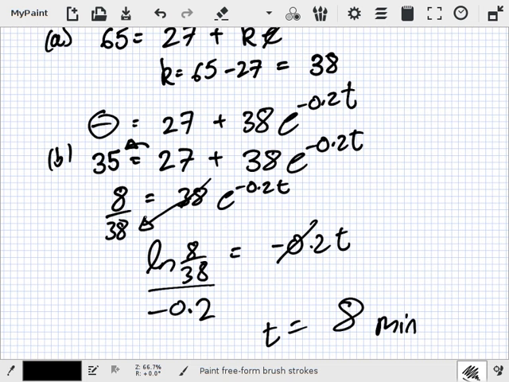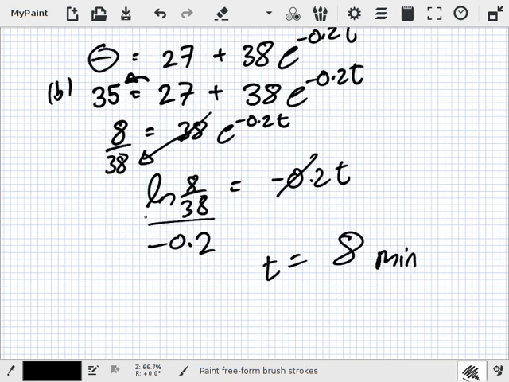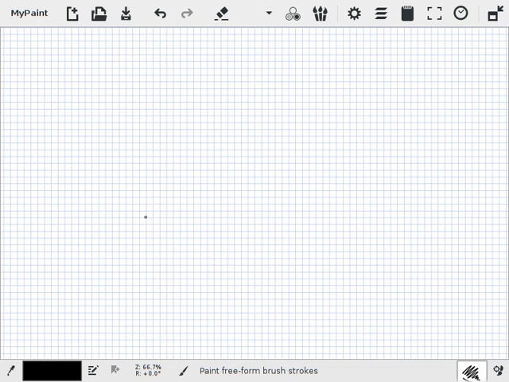Number 2? Yeah. Okay. Right. A bank account grows over the course of a year. The growth is modeled by the equation B equals A e to the K T, where B is the bank balance and T is the time in days.